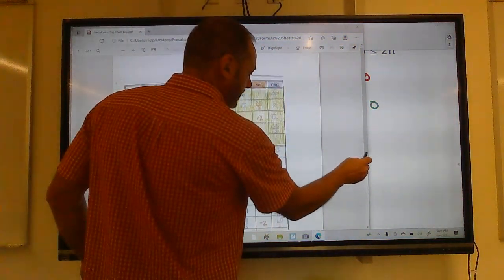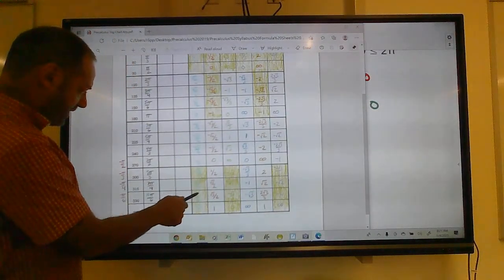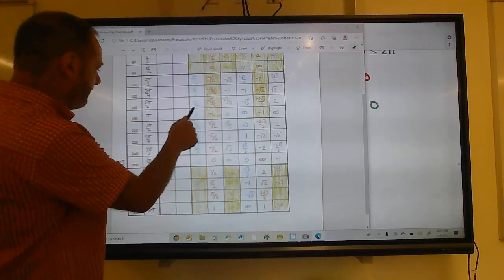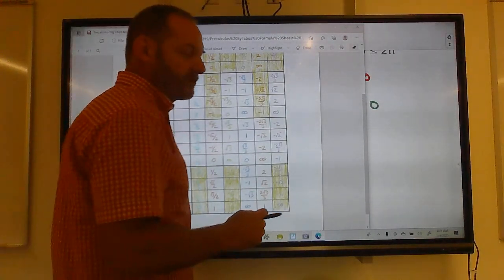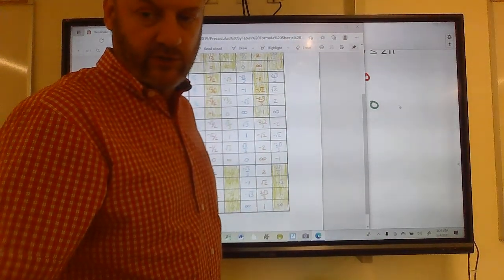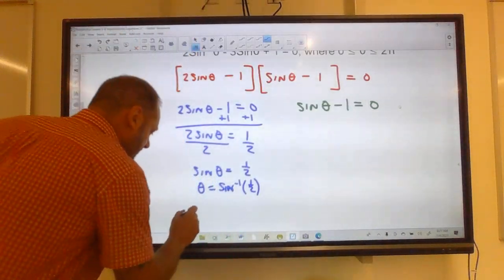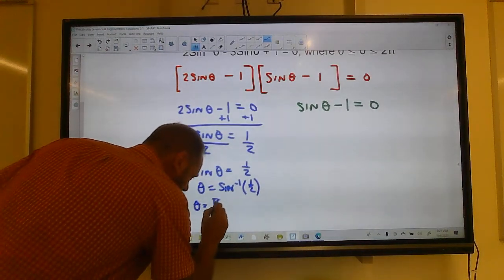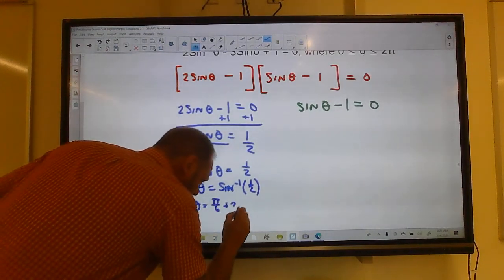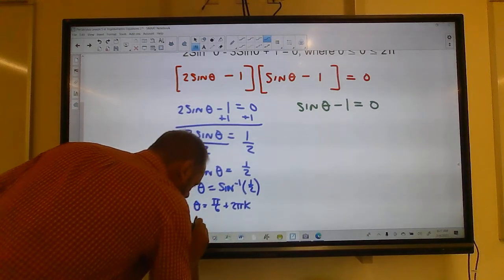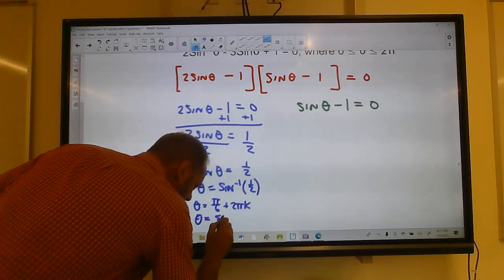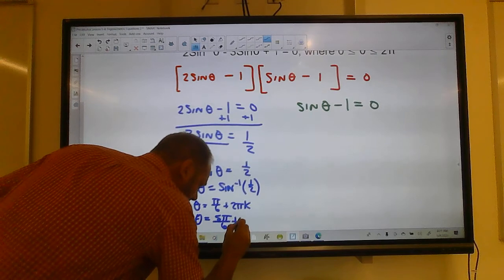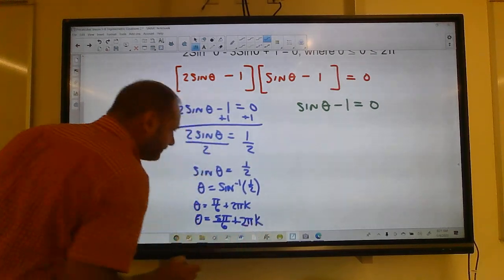And there's another one, 5 pi over 6. So we've got two equations: theta equals pi over 6 plus 2 pi k, and theta equals 5 pi over 6 plus 2 pi k.